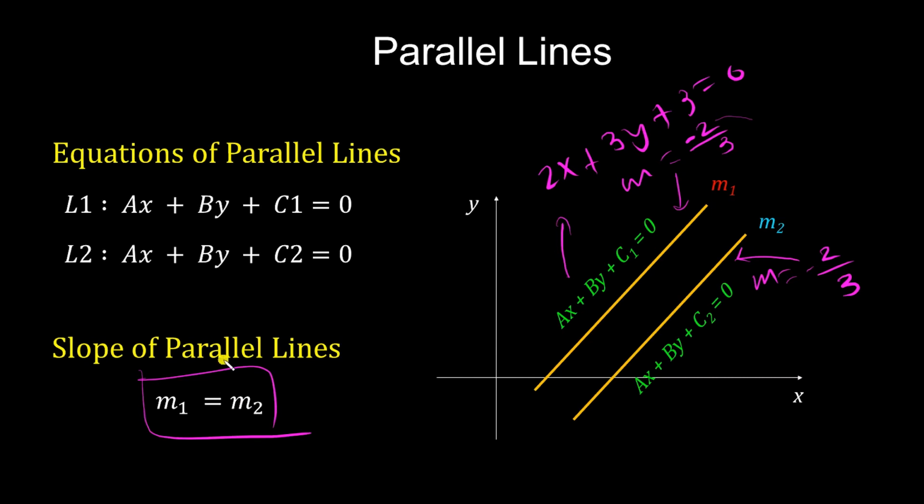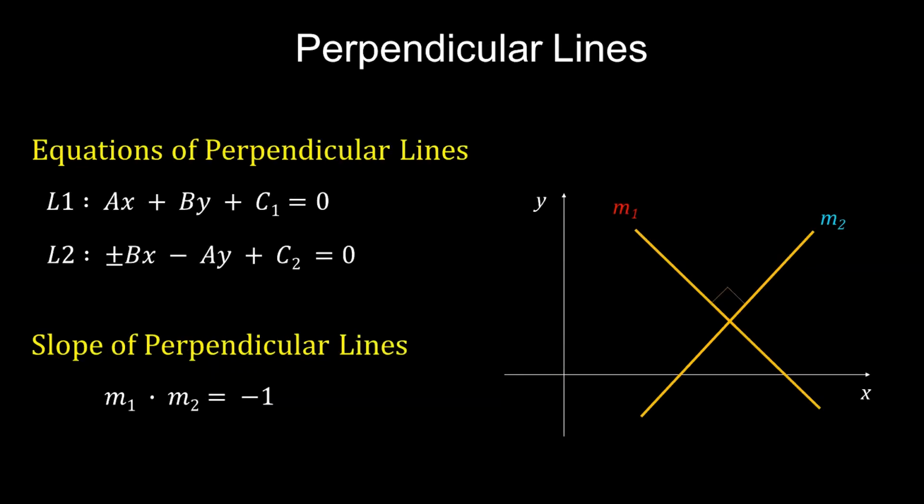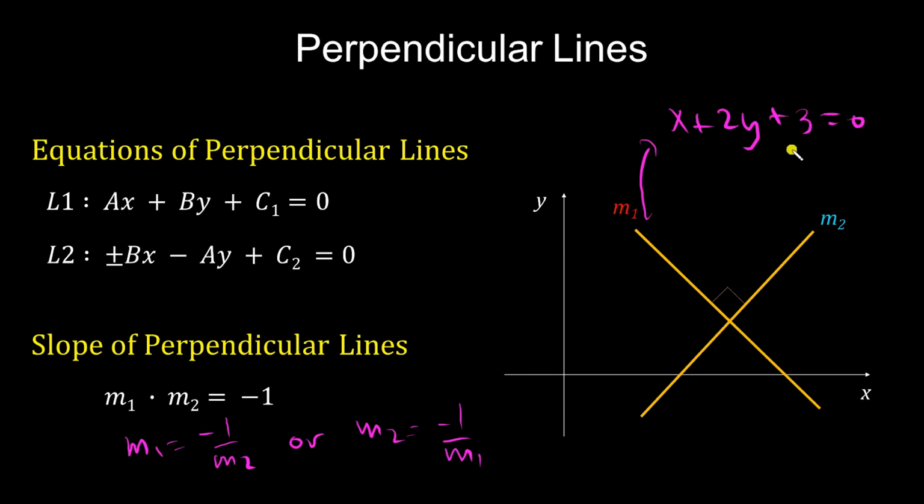When it comes to perpendicular lines, class, the slopes are negative reciprocals. What I mean is m1 is equal to negative 1 over m2, or we can say m2 is equal to negative 1 over m1. For example, the line is x plus 2y plus 3 is equal to 0. What is its slope, class? Negative a over b, negative 1 over 2, negative 1 half.